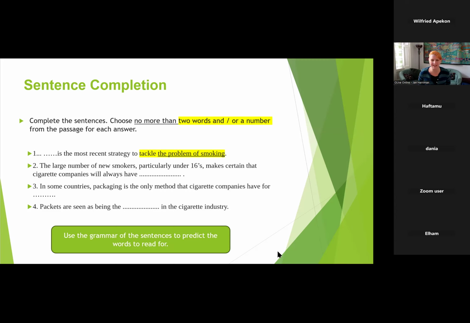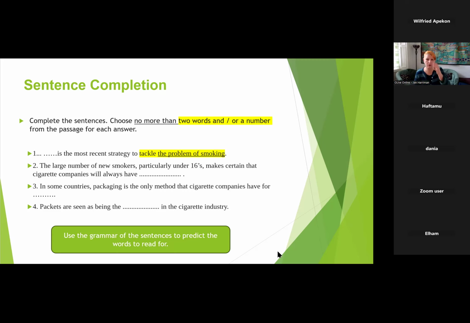Remember, this is where summarizing those questions becomes our skill. Discouraging, exactly. Yep. So, blank is the most recent strategy to stop people from smoking, to discourage them.